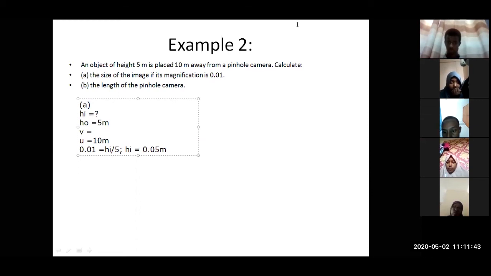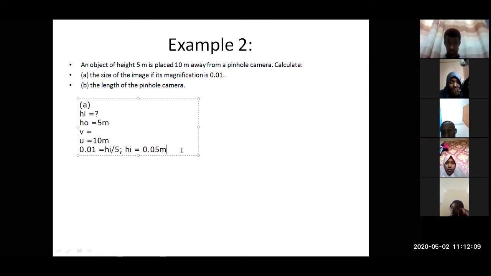Roman 2, all of you got it right. Mohammed Abdallah, you got 500 meters, so just look at the multiplication. Most of you got 0.05, that's correct.